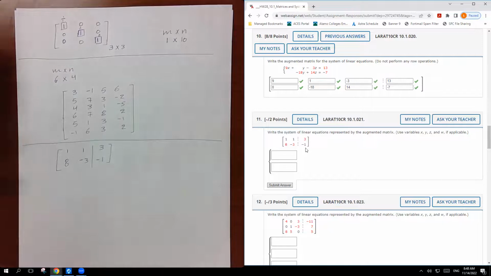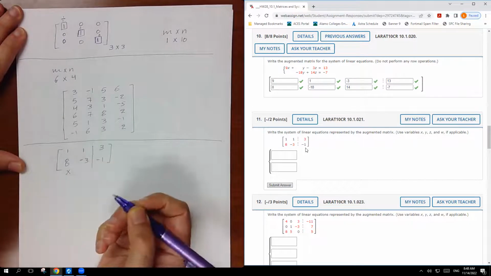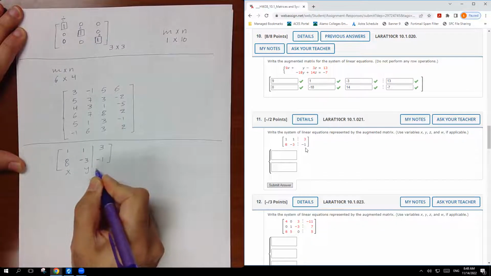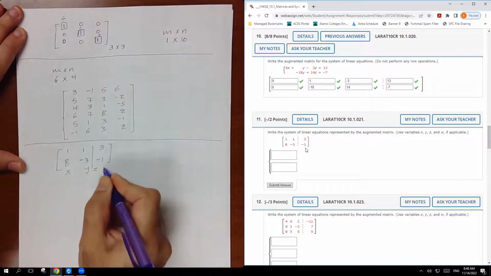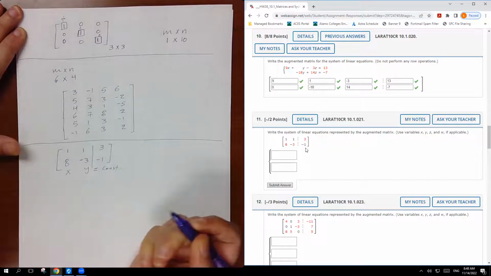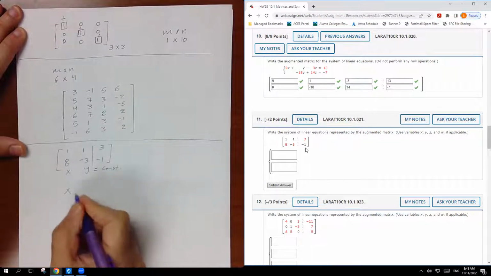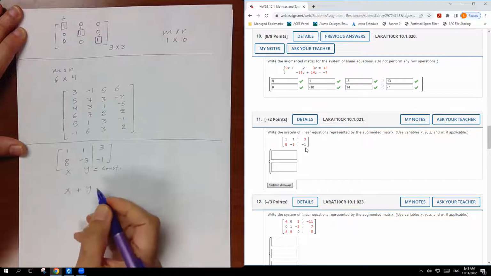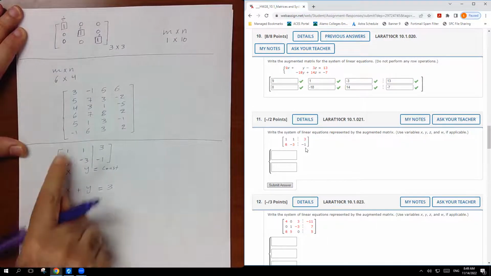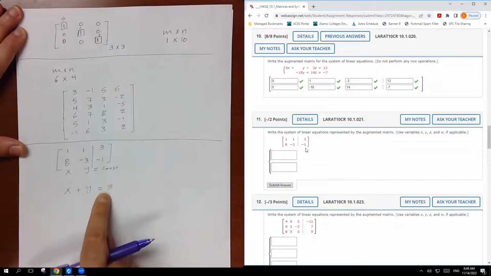So the first column is for the x, the second column for the y, and here's the equal sign, and here's the number by itself, which is the constant. So to write down the system, it's going to be 1x plus 1y equal 3.